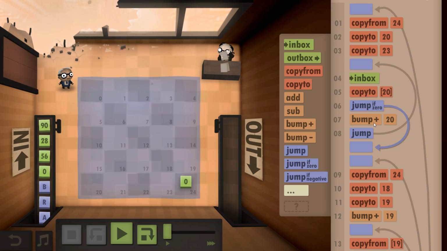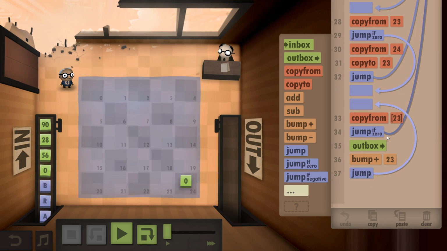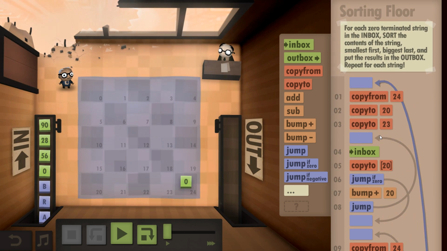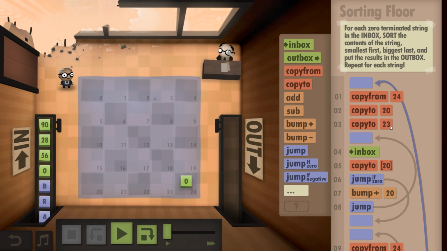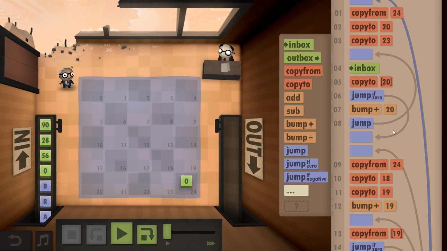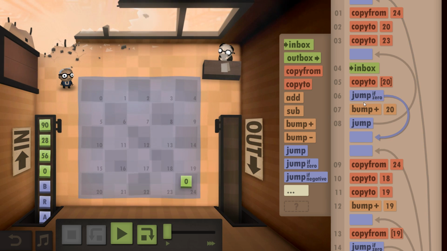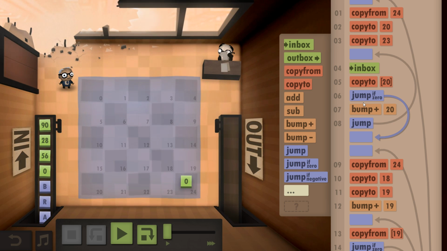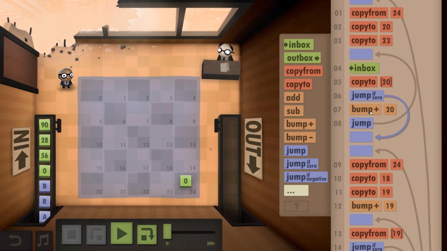If it's 0, do I use 20 anywhere else? I don't think I do. So if I grab a 0, I go all the way back up. And I reset the counter, and what else? This one. Yeah, no, that wouldn't save anything. I just was thinking I could reset 20 here. Copy to 20 because I have 0 in my hand. It would save steps, maybe. I could make it save steps, but not commands. I'm looking for commands.